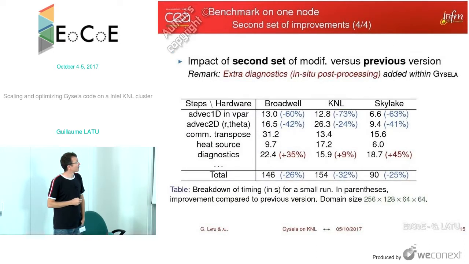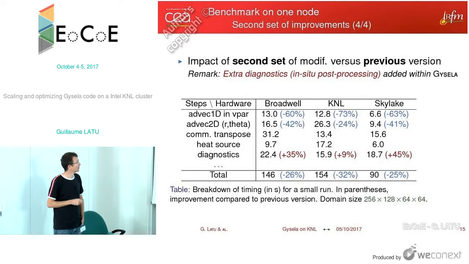Here is the comparison of time compared to the previous version, after the first optimization, so just focusing on what has been done in this second set of improvements. Here you see the advantage of both the Lagrange interpolators and the copy of the buffer.